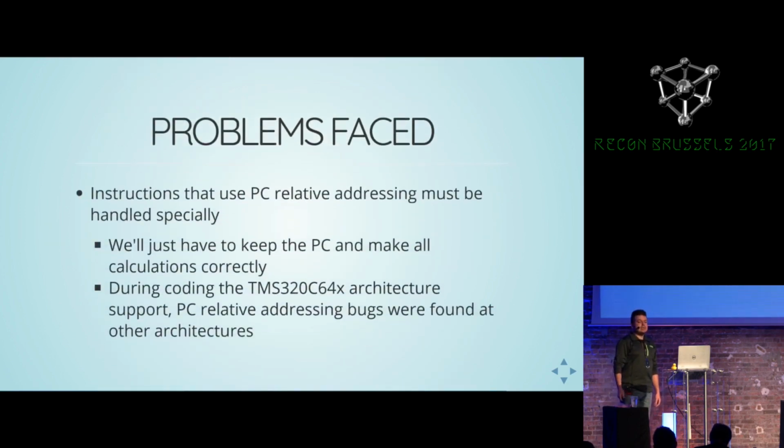Instructions with PC relative addressing must be handled specially. It's pretty difficult. You must always keep the program counter, and make the calculations correctly. While I was coding support for this architecture, I found several bugs in other architectures that didn't implement PC relative addressing correctly.